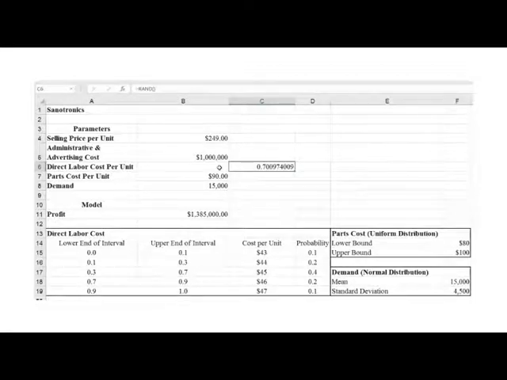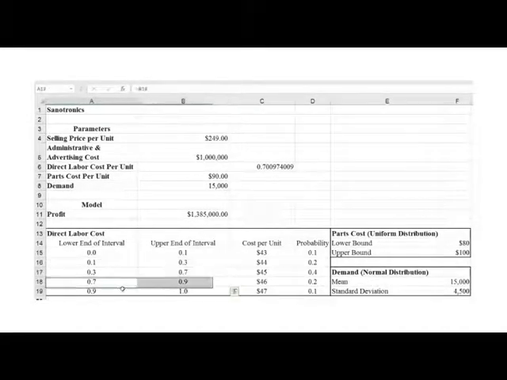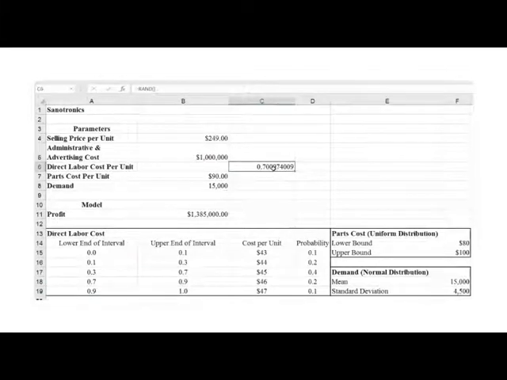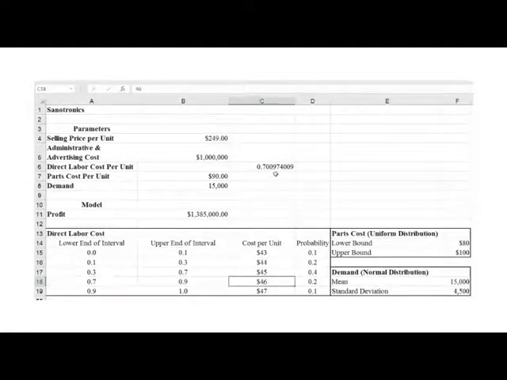What we would like to do is take that random number between 0 and 1 and place it into the appropriate interval. So for instance, if we generate a value of 0.7009, that would fall into this interval and would generate a value of 46.